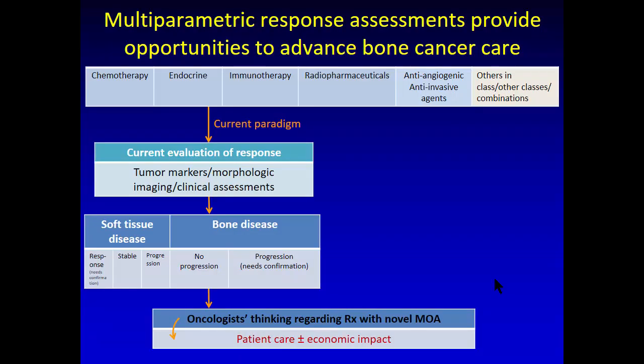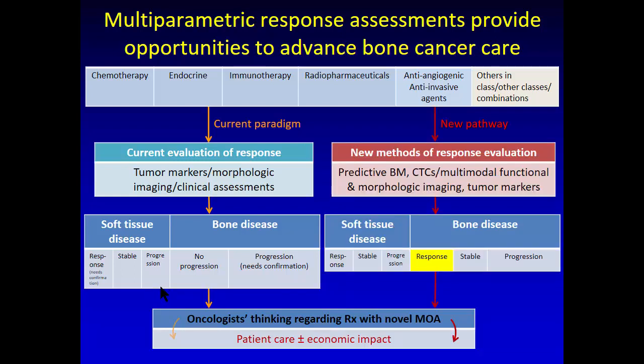So why did we bother to do this? Well, the whole point of doing this stuff is we are trying to break the clinical paradigm. The clinical paradigm at the moment for bone disease is to say this patient is stable or this patient is worse. That's the clinical paradigm. In the bone, that's all we say at the moment in the clinic. What we can do as imagers is to break that bone into three categories.